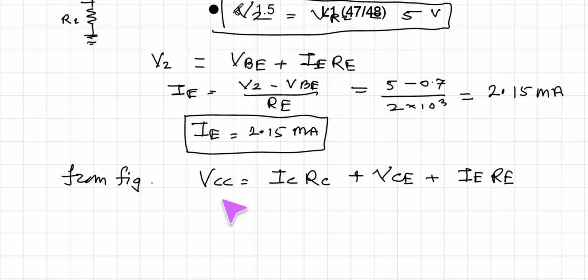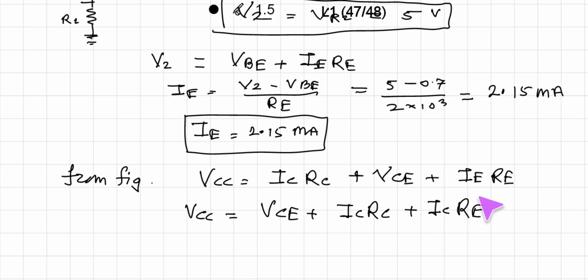Remember that this voltage is equal to voltage across collector resistance plus voltage across collector emitter terminal and voltage across emitter resistance. So from this we can say VCC is equal to VCE plus ICRC plus ICRE.